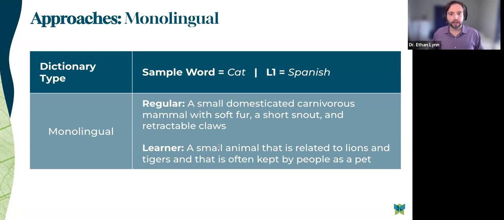So here's a learner example of the word cat. A small animal that is related to lions and tigers and that is often kept by people as a pet. So much more simple. You can compare there. So I always recommend if you're going to do a monolingual approach, you want that learner definition. These regular ones, they're written by lexicographers, people who write dictionaries.